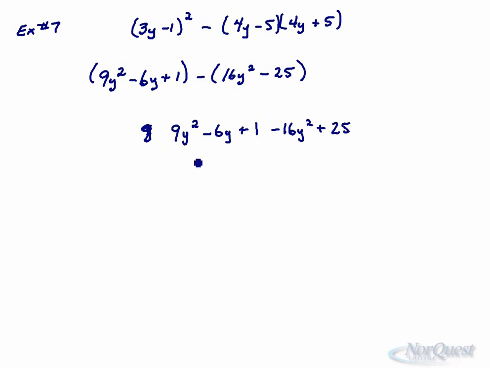And now collect like terms. 9y squared minus 16y squared should give me negative 7y squared minus 6y. 1 plus 25 to give you 26. Simplifies to a trinomial. There's our two special cases, perfect square and difference of squares, to simplify our expansion.